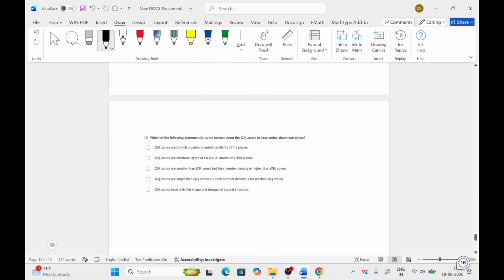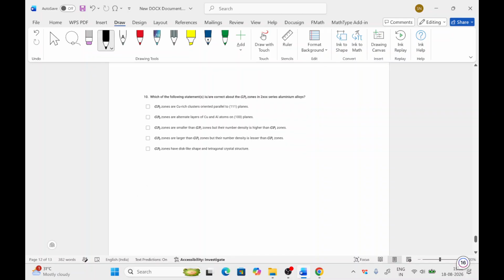Next question is, which of the following statements are correct about the GP2 zones in 2000 series aluminum alloys? GP2 zones are alternate layers of copper and aluminum atoms on 100 planes. This is correct. GP2 zones are smaller than GP1 zones, but their number density is higher. No, number density decreases.